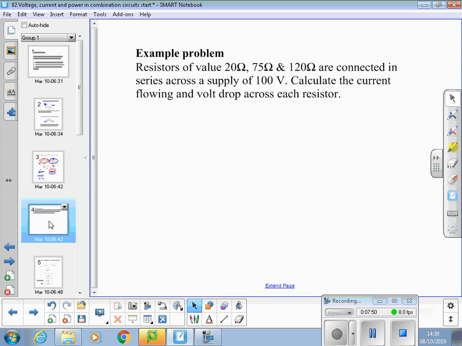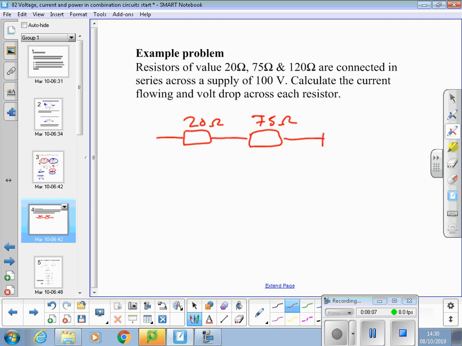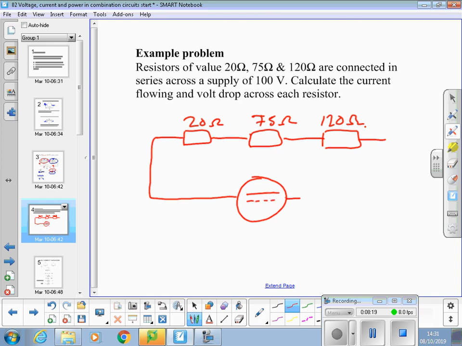So, resistors of 20 ohms, 75 and 120 connected in series across the supply of 100 volts.